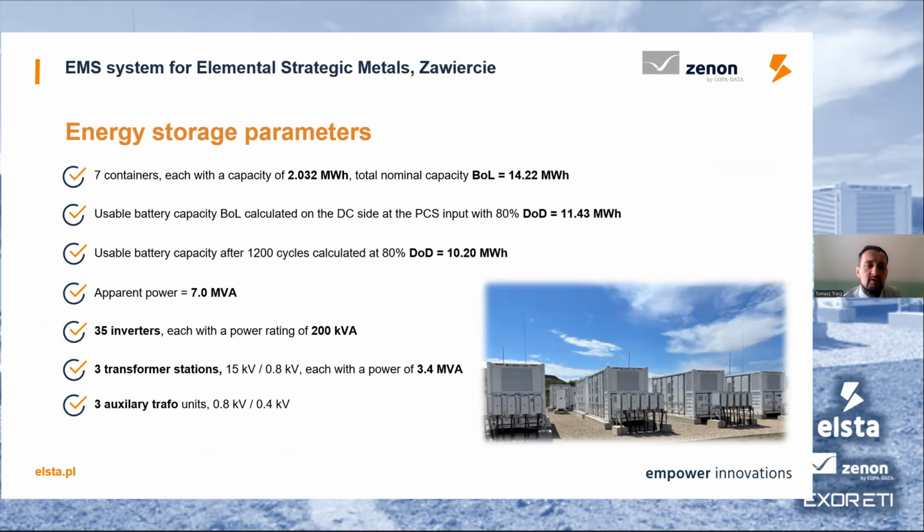Regarding the energy storage, we have 7 containers. They are in 3 groups, but each container has 2 mega. In total, there are 35 inverters, and like I said, 3 transformer stations.